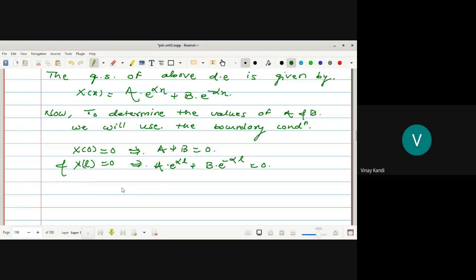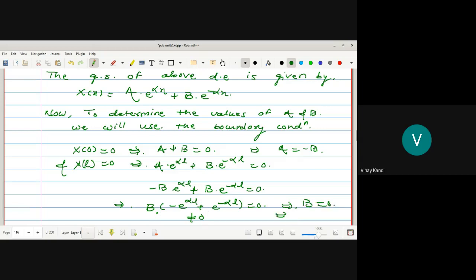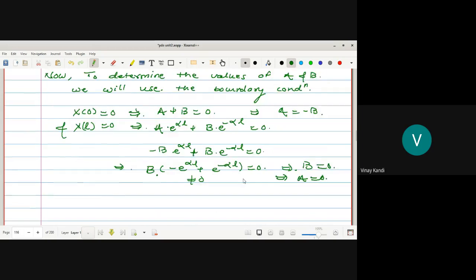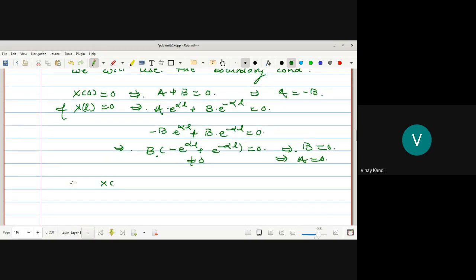I will put the value of A here. This is non-zero and always a positive function, so what will come? Zero. B is zero. This implies A is 0. Okay, so again X of x is 0.